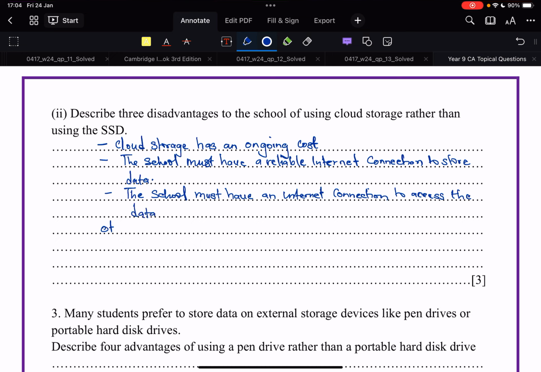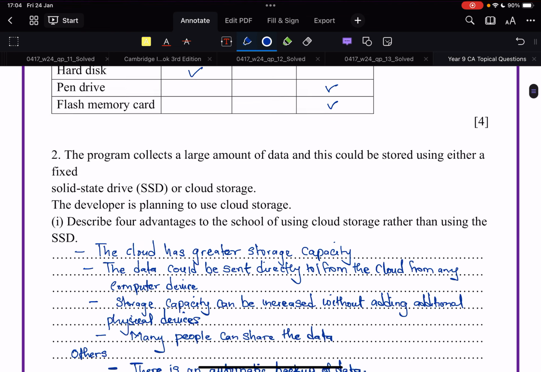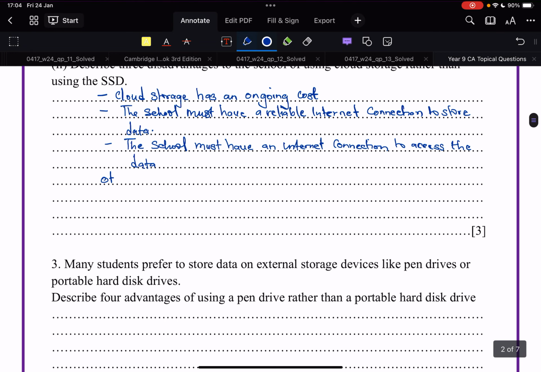Okay, it's 3 marks. Now it's important for you to know that the marks would tell you the points. So in the case of 4 marks, and you're talking about 4 advantages, you're giving 4 points, right? It's so important that you know this.